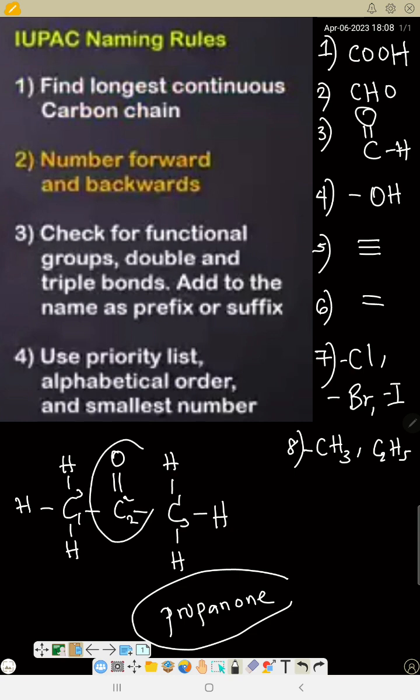So take note of the position of that CO. If it is in between carbons, then it is alkanone. But if it is at the end, then it is alkanal. Take note.